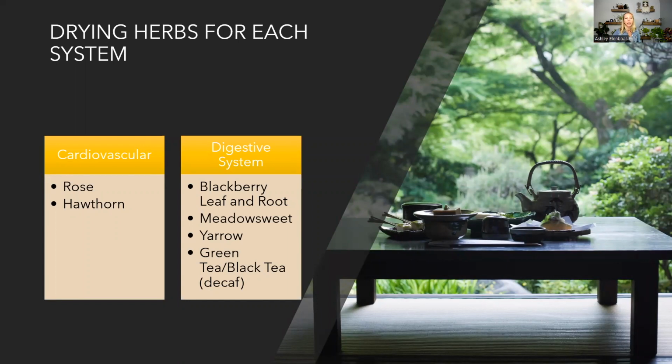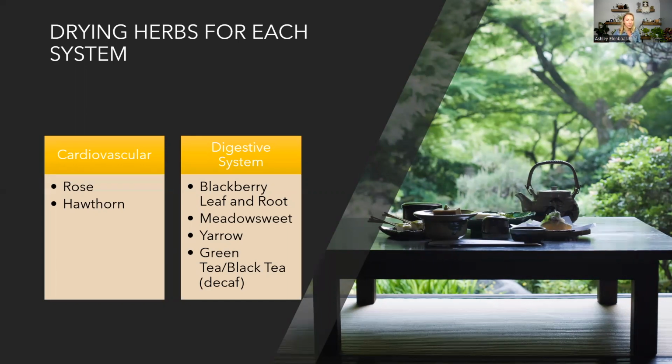But if you're feeling like your heart or your cardiovascular system doesn't have the tone and the strength and maybe the discernment and maybe the boundaries that it needs, then rose and hawthorn are wonderful medicines for that particular pattern. Both rose and hawthorn can also be used for the digestive system, but they really do have an affinity more for the heart and the cardiovascular system.